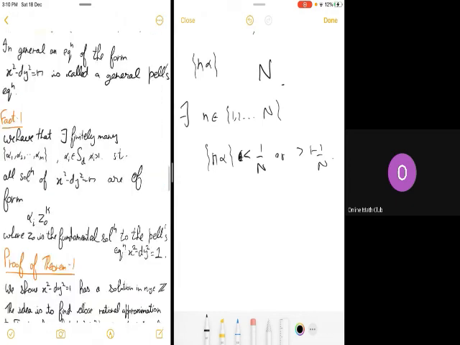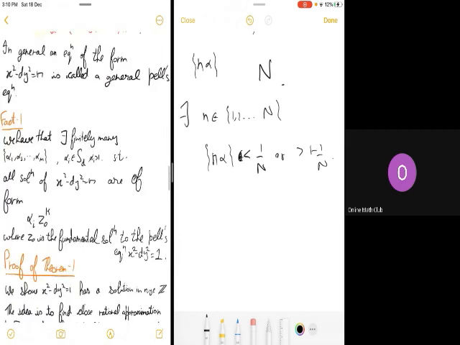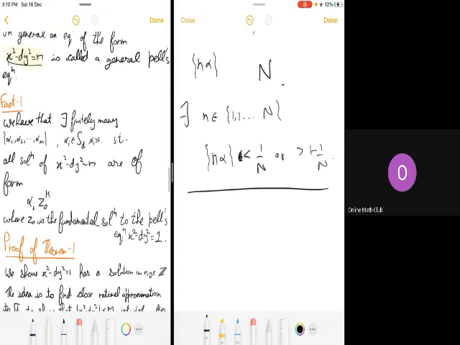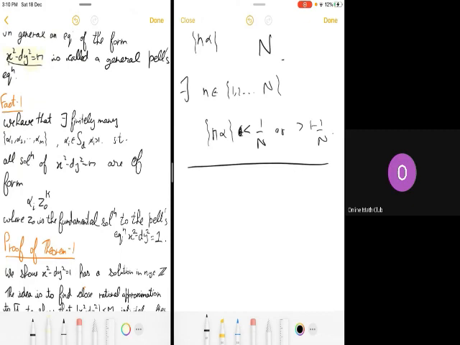Also, there is another thing: a general Pell's equation is an equation of this form. For this we don't have one fundamental solution, but there exist finitely many solutions such that all solutions are of this type, where z0 is the fundamental solution.